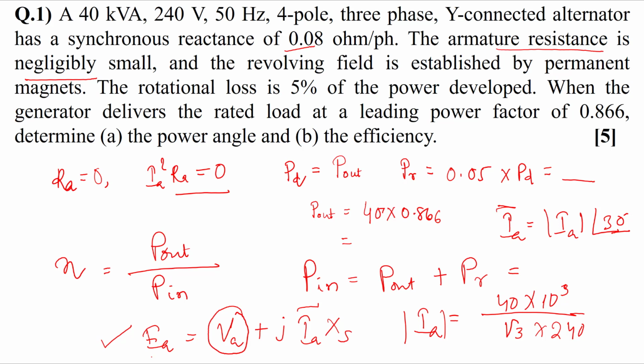Cos inverse theta, that will give me theta, right? Cos inverse 0.866 lagging, it will give me 30 degrees. So you do it once again, okay? Whatever the process I told, you follow it and do it.